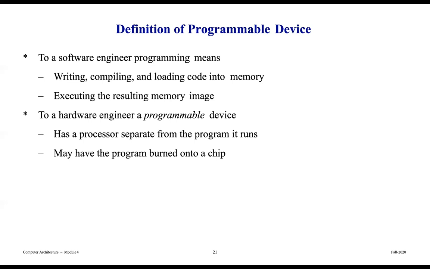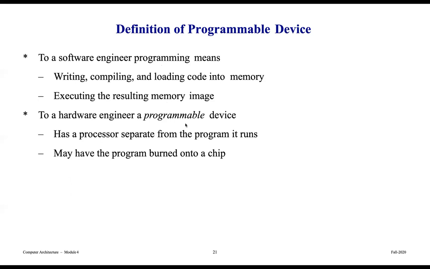So what is a programmable device? To a software engineer, programming means writing, compiling, and loading code into memory, and executing the resulting memory image. So that's what it means for software.